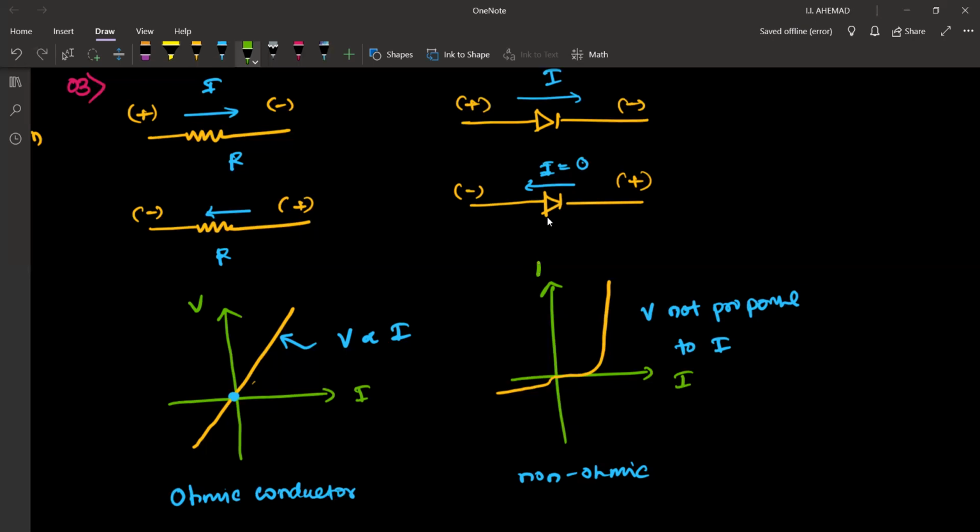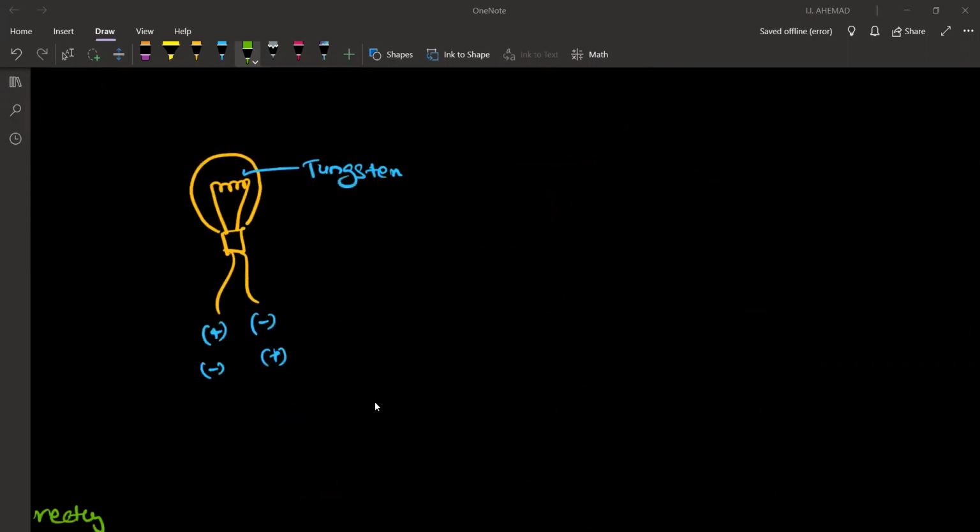This is I, this is V. Make the change. This is V, this is I. Done. Okay. So now we have a tungsten bulb.